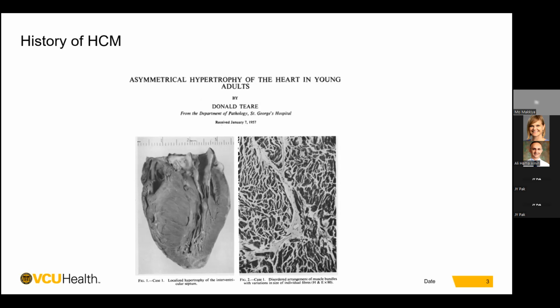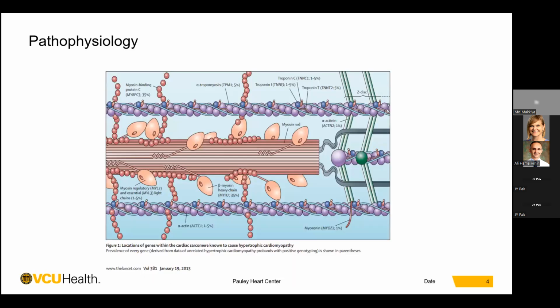At the beginning, it was thought this was a tumor, and then later on, we figured out this is a genetic disease. Pathophysiology of this, it is inherited in autosomal dominant fashion.